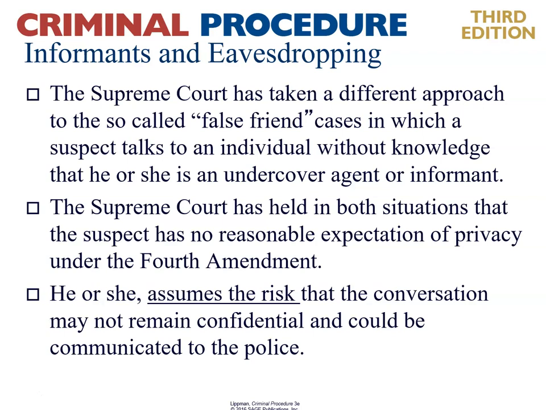In both situations, the Supreme Court has held that the suspect has absolutely no reasonable expectation of privacy because he or she assumes the risk that the conversation may not remain confidential and could be communicated to the police.